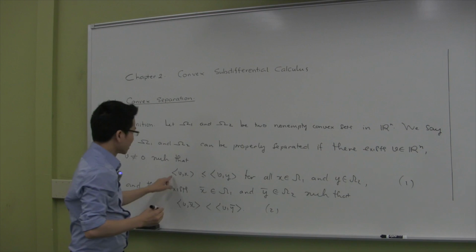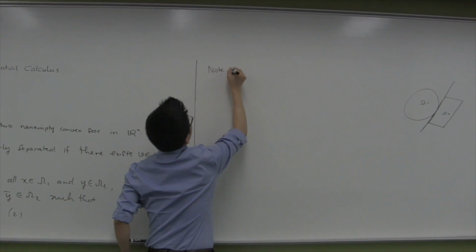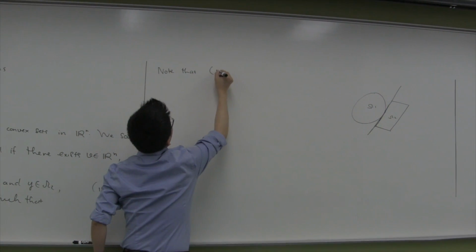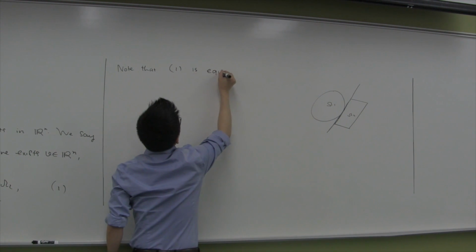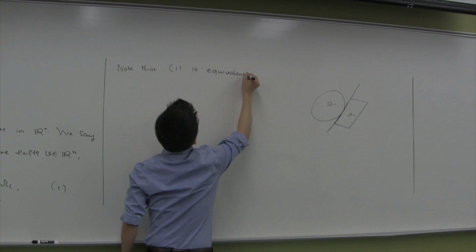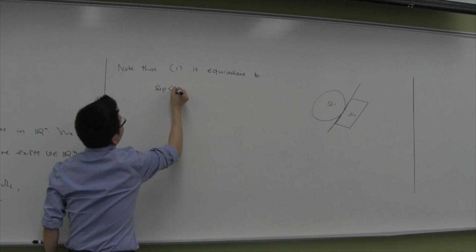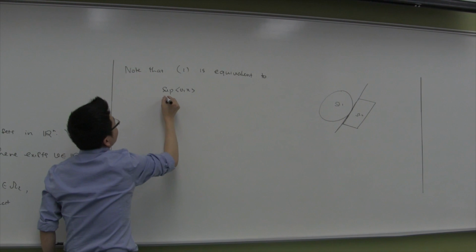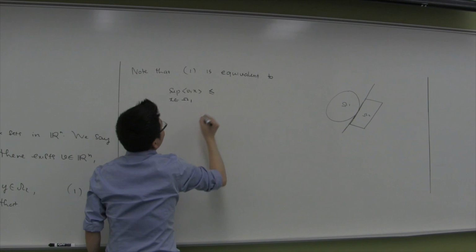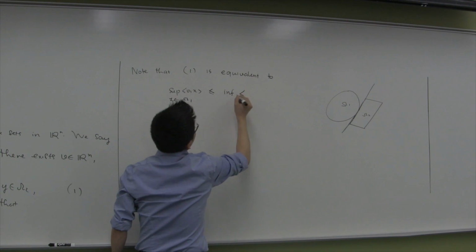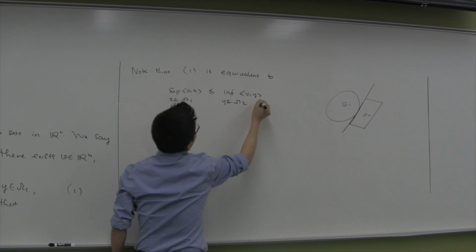Okay? So the first property is equivalent to the supremum of the inner product of V and X, where X in omega 1, is less than or equal to the infimum of the inner product of V and Y, where Y belongs to omega 2. Okay?